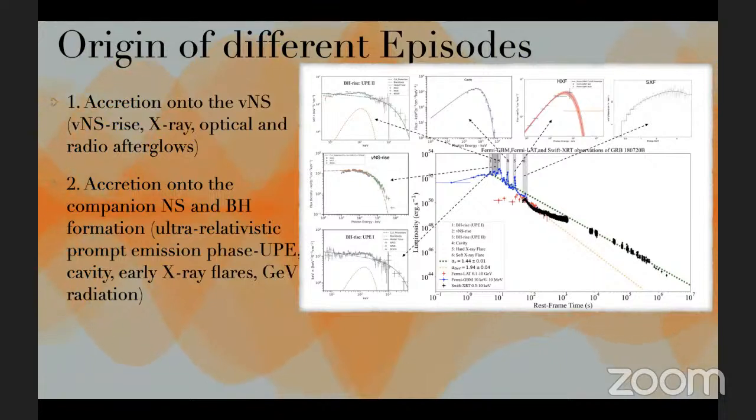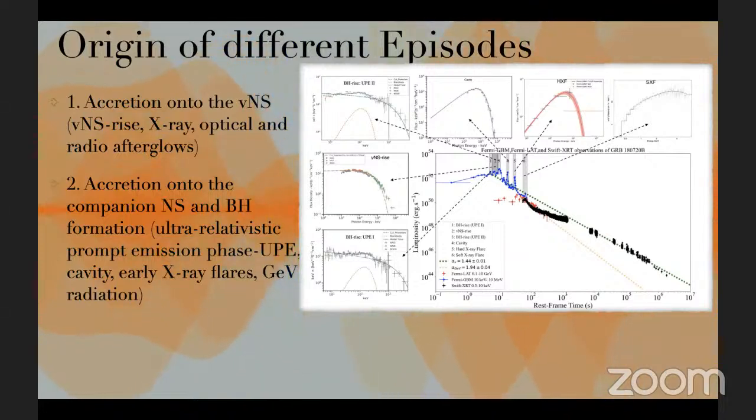And this has been the way that we have determined the mass of these systems. Analogously, the accretion of the supernova onto the new neutron star gives origin to the X-ray afterglow. Therefore, this is the heart of our picture.